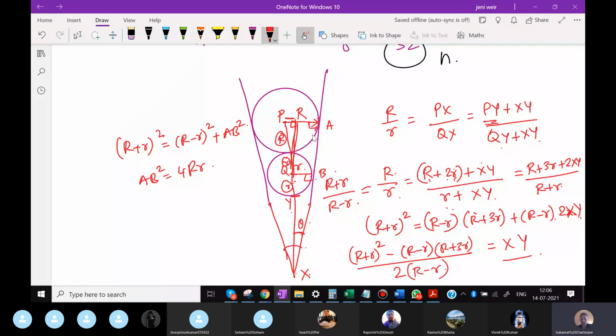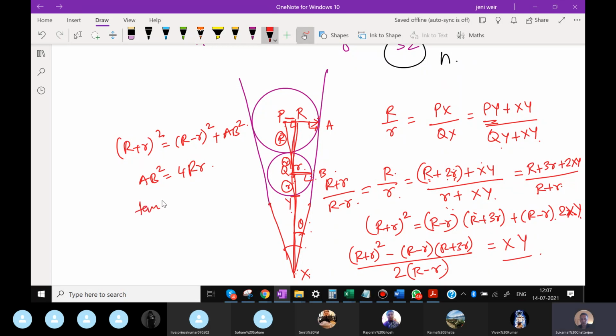So now if you take these two triangles, triangle XQB, right? You have QX square plus QB square is equal to BX square, right? Either you can do it that way or you can do a tan theta here. Tan theta will be small r by this distance.